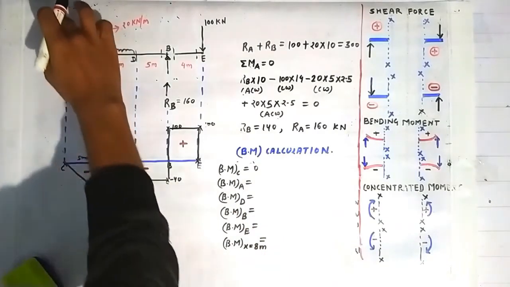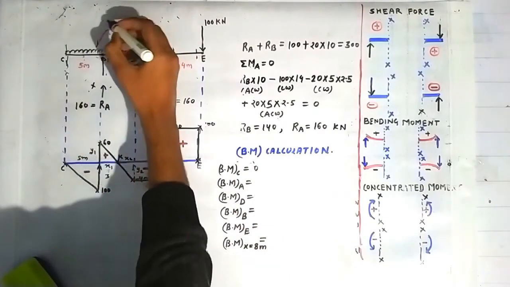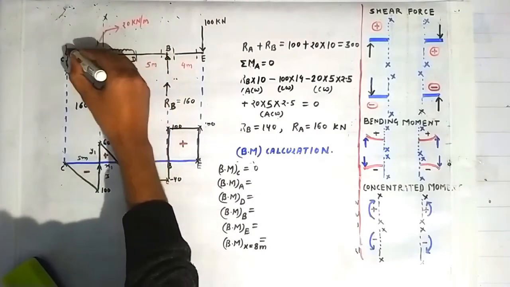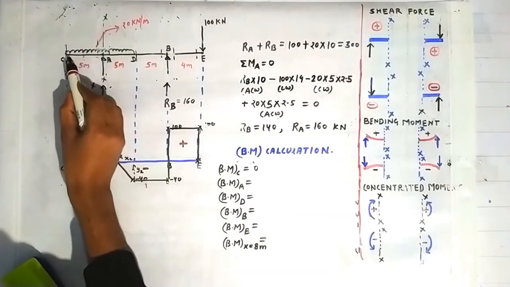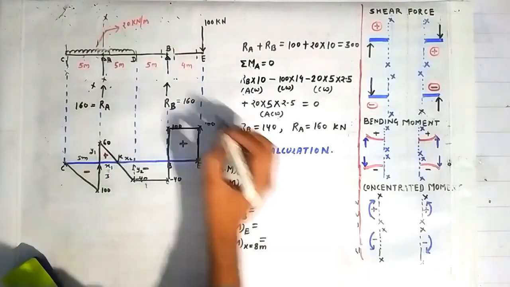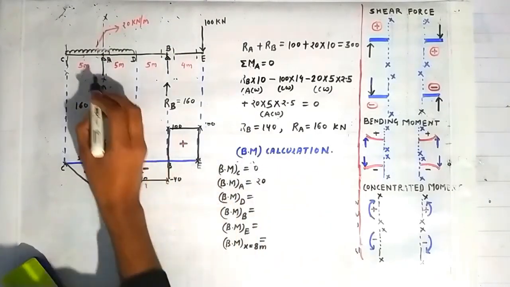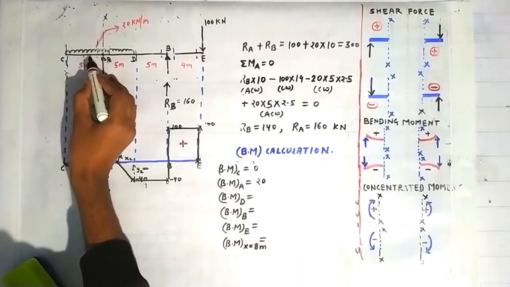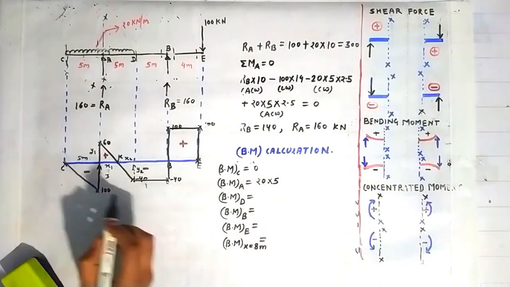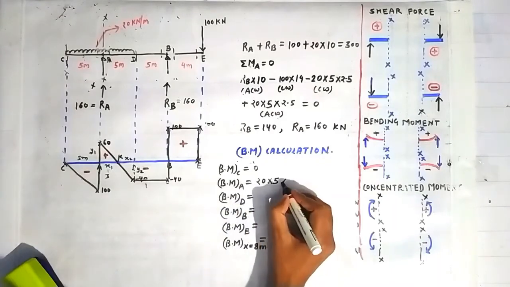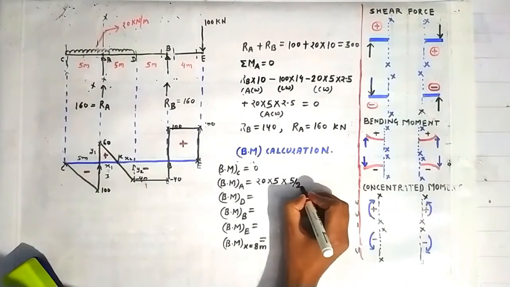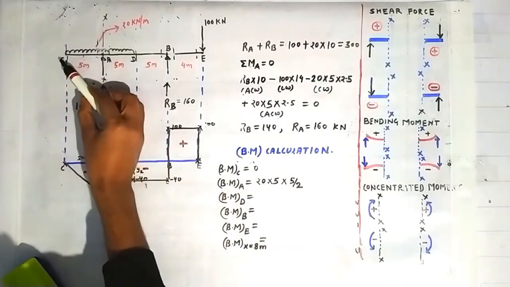Now bending moment at the point A: we construct a section passing through the point A. If you look on the left side of this section, because of this UDL there will be a bending moment of magnitude equal to the intensity of the UDL, which is 20, and the distance over which it is acting is 5 meter, and it will act at a distance of 5 divided by 2, that is at the half of this distance CA.